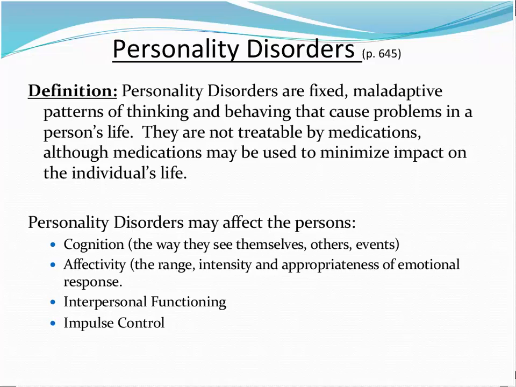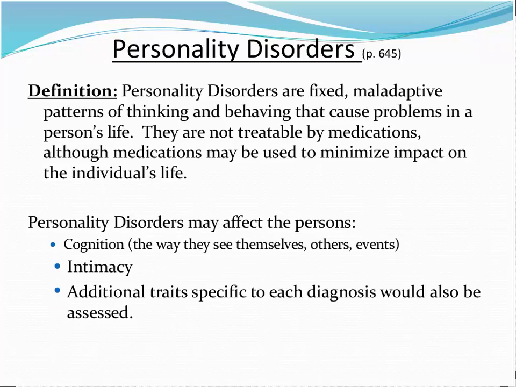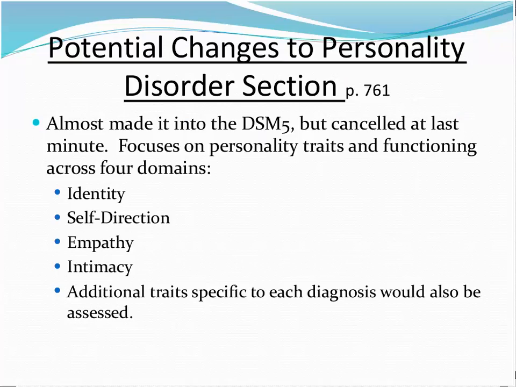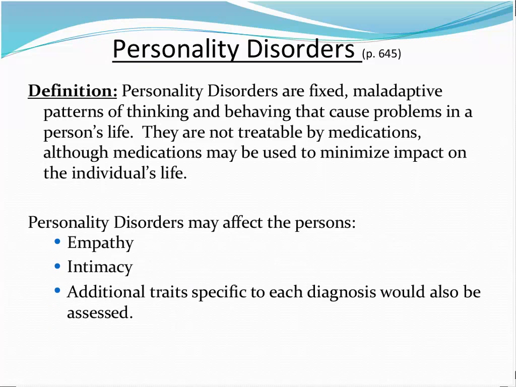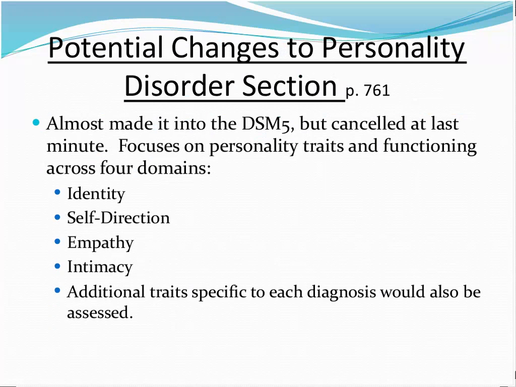Okay, so this is the basic diagnosis for any personality disorder, and this probably is not the part that's going to change. But when we do look at the changes, you will first qualify the individual as having a personality disorder based on this same definition, but then you will have a spectrum, and it will focus on additional personality traits and the impairment in functioning across 4 domains.